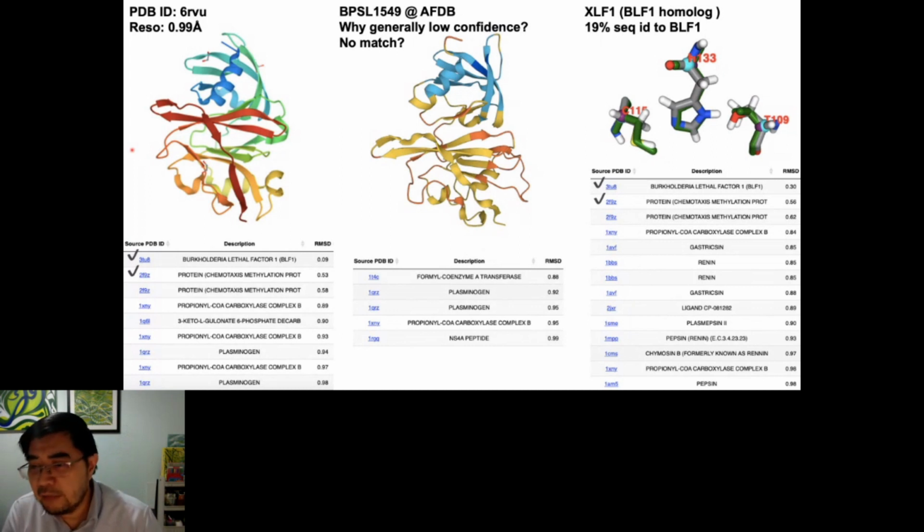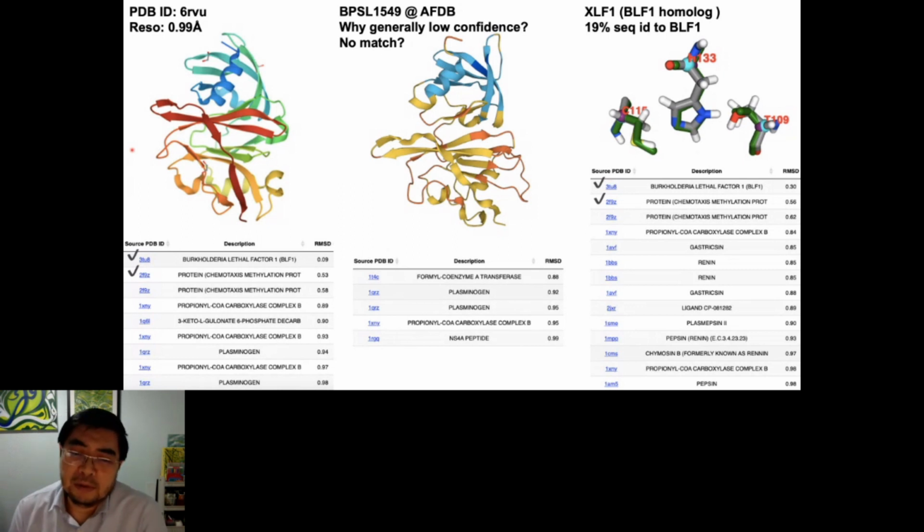And as you can see from the Sprite searches, it retrieved more or less the same results as the actual experimental structure. And as you can see from the superposition there, the query being the one in CPK coloring and the match being the one in green, it is superposed quite well for the active site of BLF1.